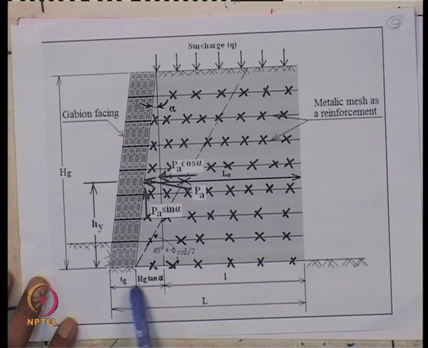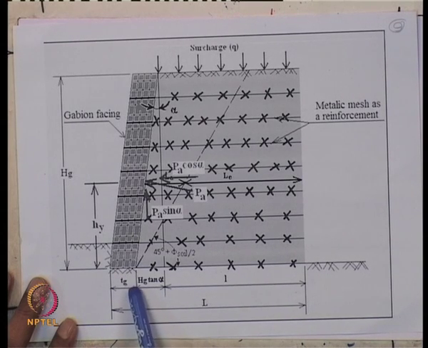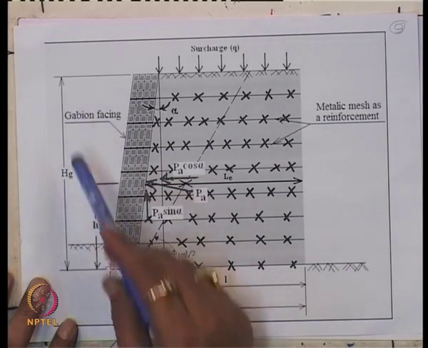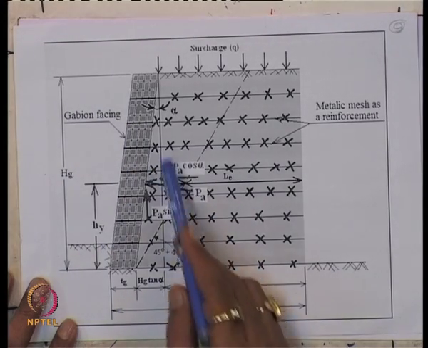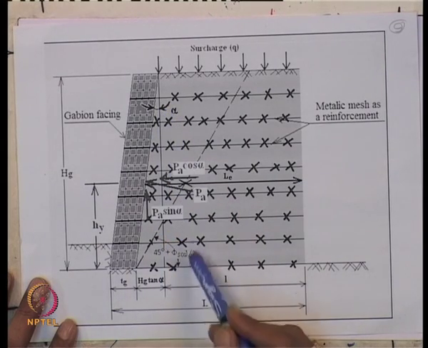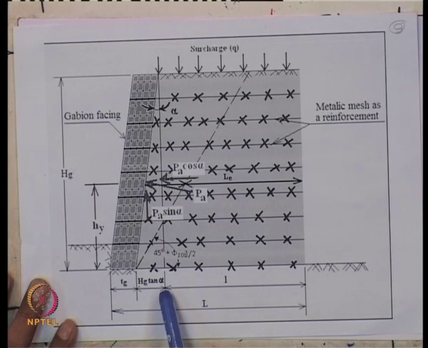That means this is Tg, so this will be middle, Tg by 2 plus Hg by 2 into tan alpha, because Tg is the wall thickness, Hg is the wall height, and alpha is the wall inclination with the vertical. So you can calculate Xg, that means half of Tg plus half of Hg into tan alpha.